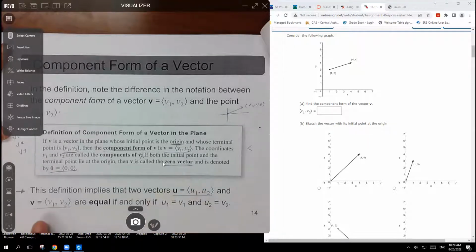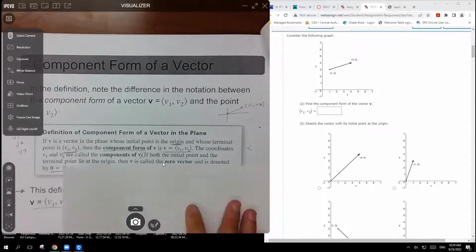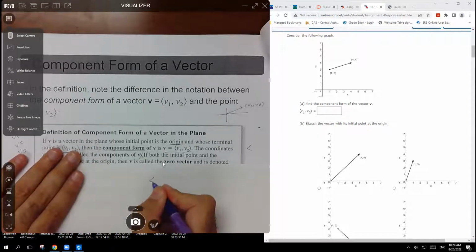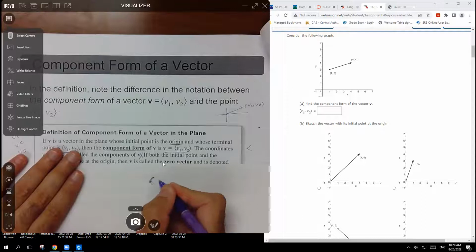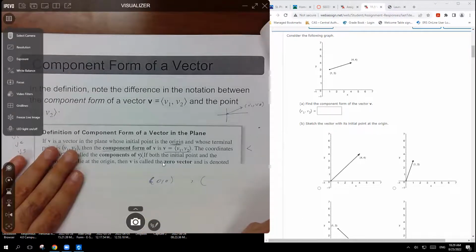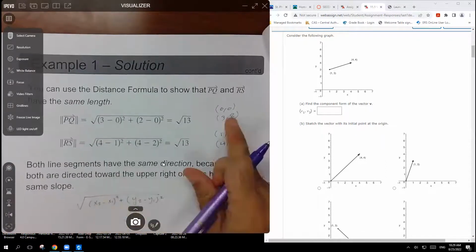The component form. We're going to check that. How are we going to write down this component form? If you go back to the previous example, the first vector, let's say U, starts at the point 0, 0 and ends at the point 3, 2.